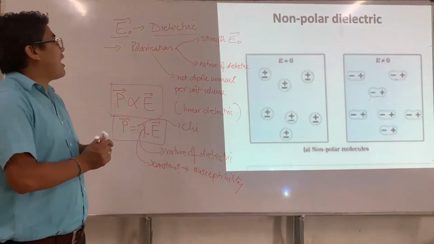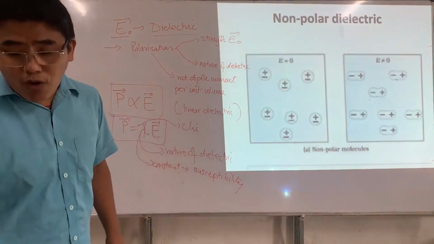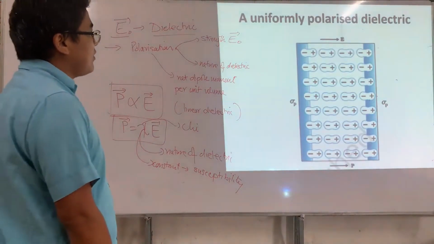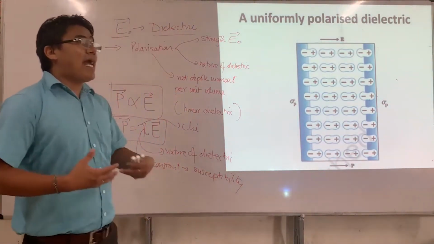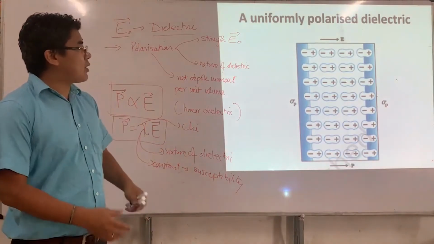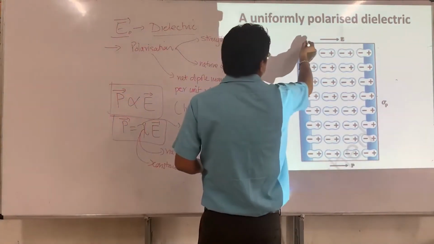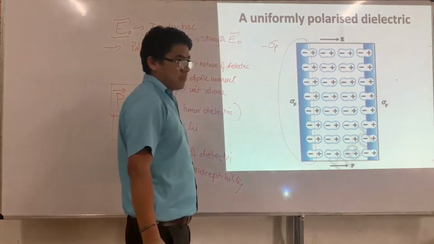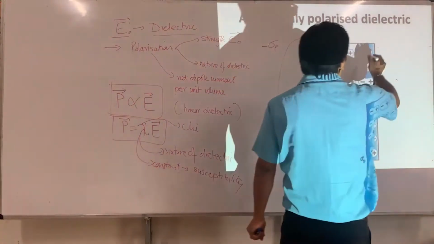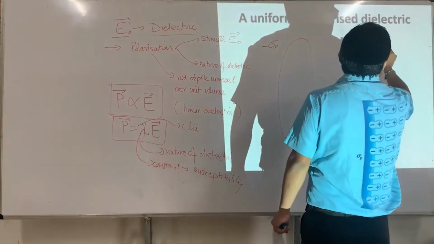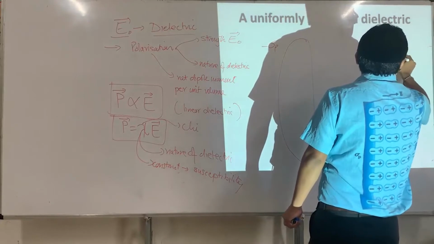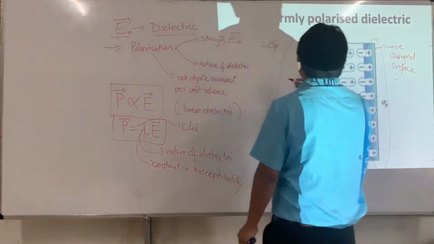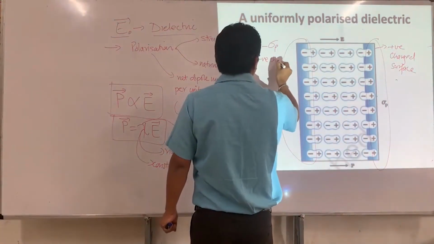So when I apply an external electric field to a dielectric, you will get a negative surface charge density, a positive charge surface, and a negative charge surface.